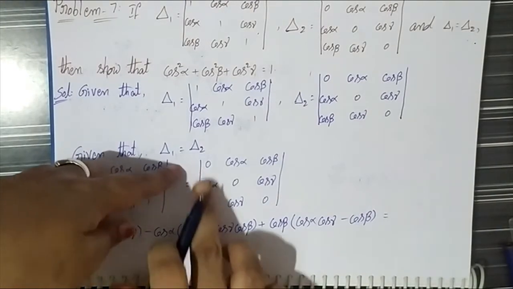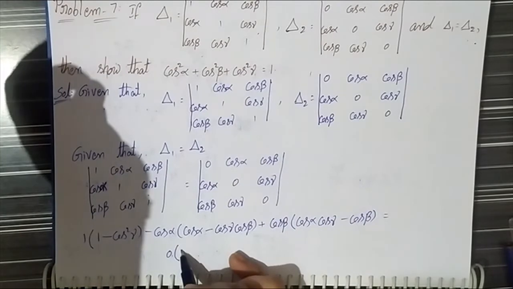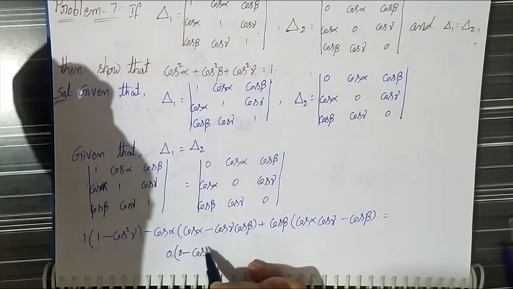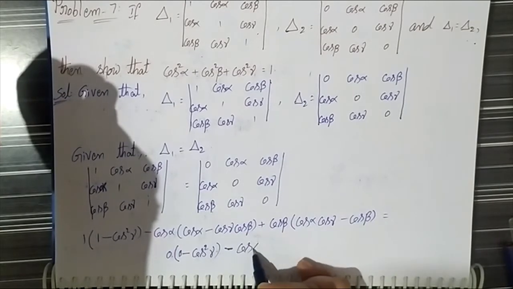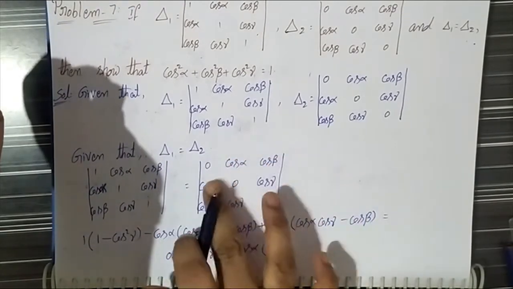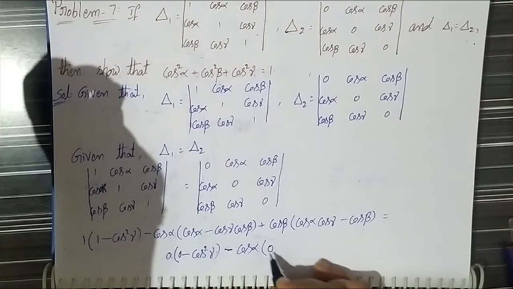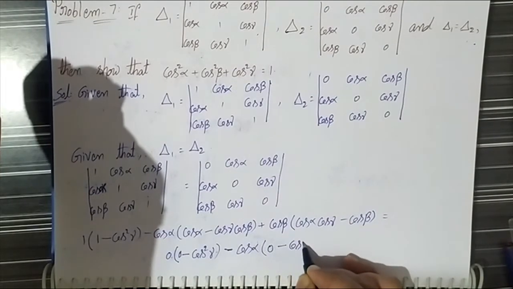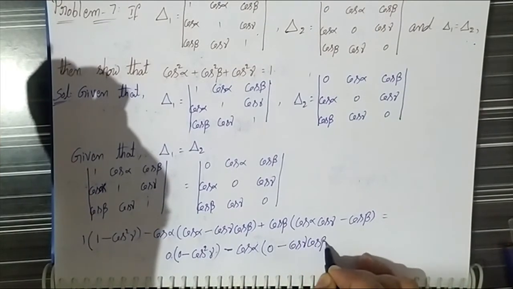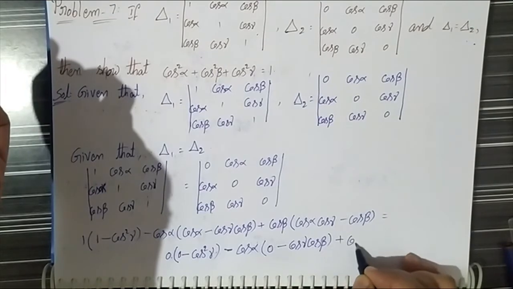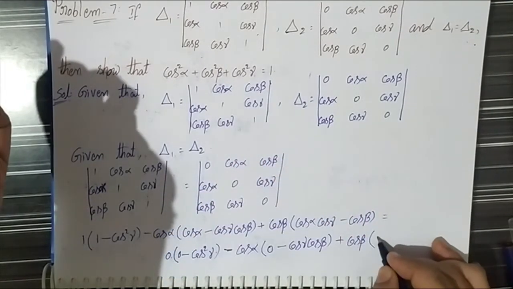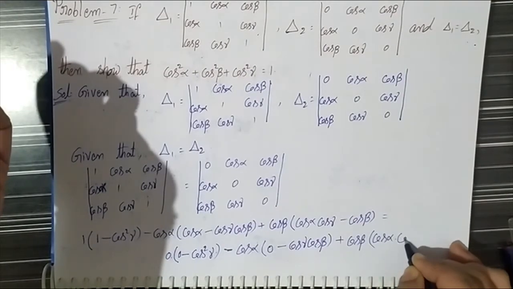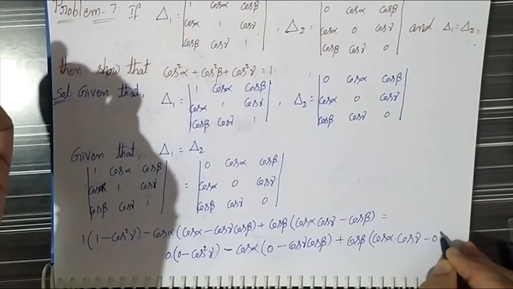The RHS is written below the equation, that is 0 into (0 minus cos square gamma), minus cos alpha into (0 into cos alpha minus cos gamma into cos beta), plus cos beta into (cos alpha into cos gamma minus 0).